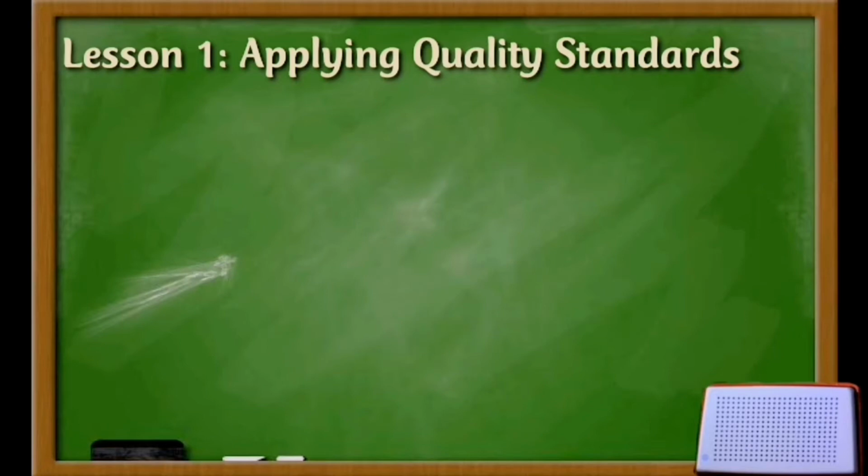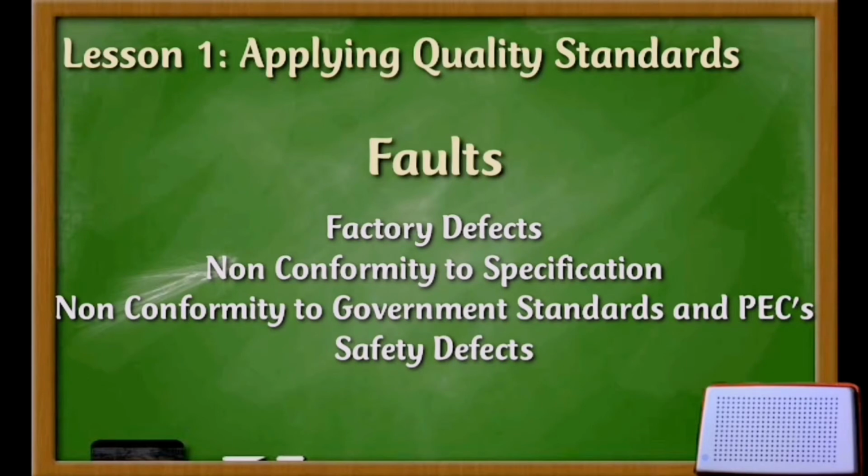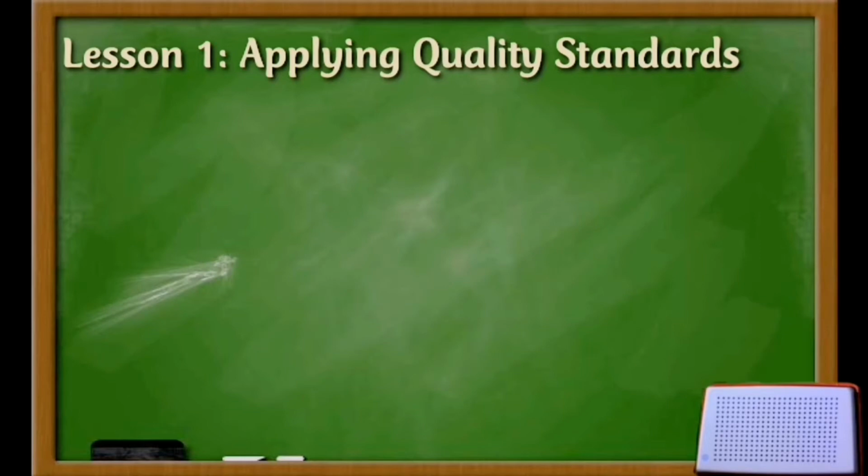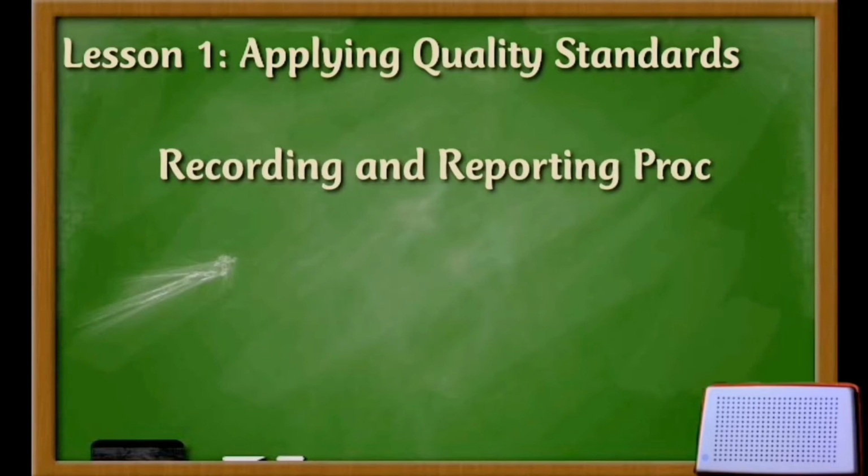Included also in Lesson 1 are faults, which includes factory defects, non-conformity to specifications, non-conformity to government standards and PECS, and let us not forget safety defects. Lastly, the recording and reporting procedure.